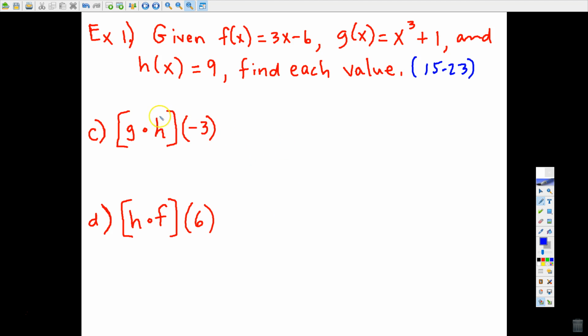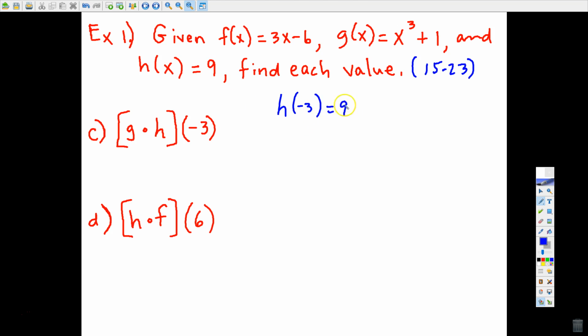Here, I evaluate the h function using an input of -3 first. Well, the h function is a constant. H of anything for x is going to be 9. That includes h of -3. So h of -3 is just 9. It could have been h of 200, and that would still be 9.